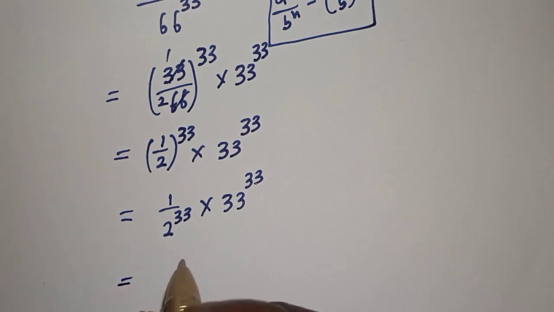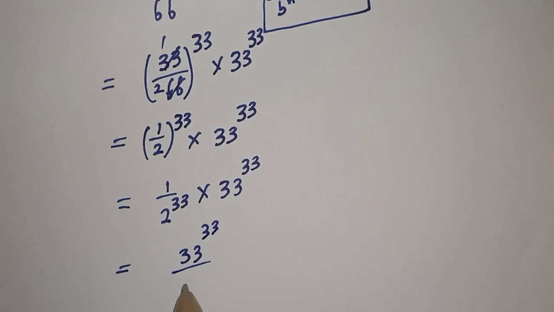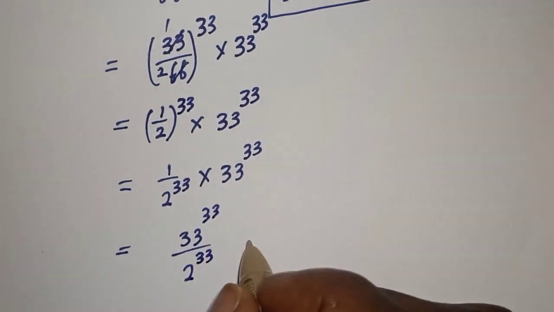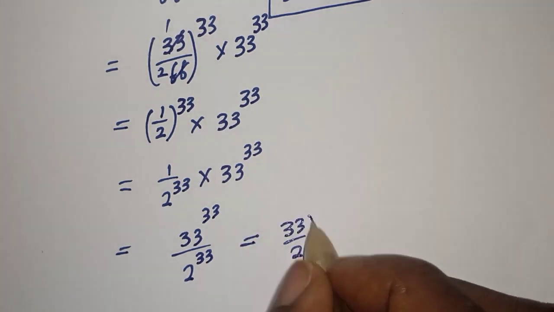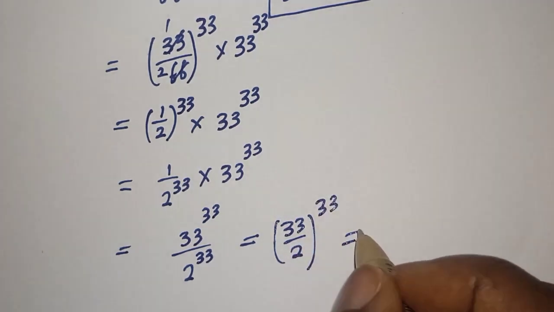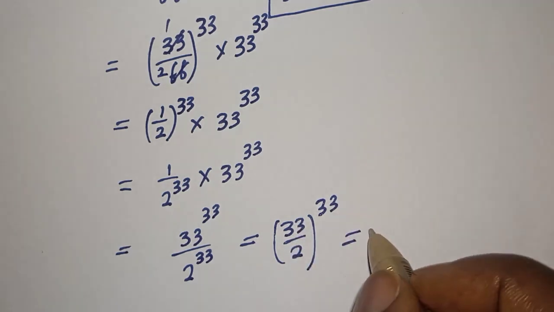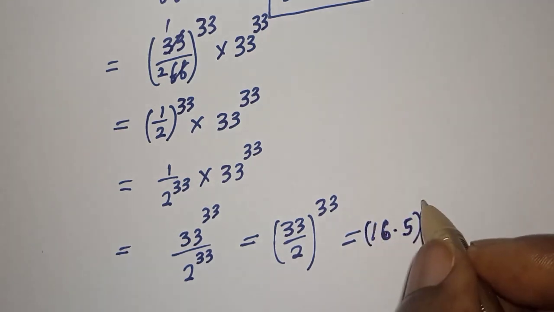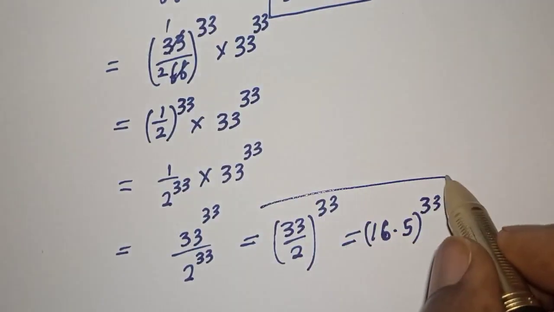And this is equal to 33 raised to power 33 over 2 raised to power 33. And this is equal to 33 over 2 to the power of 33. This is equal to 33 divided by 2, that is 16.5 over 33. This is the final answer.